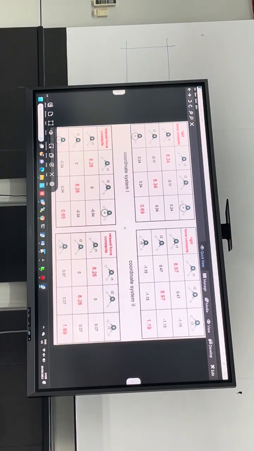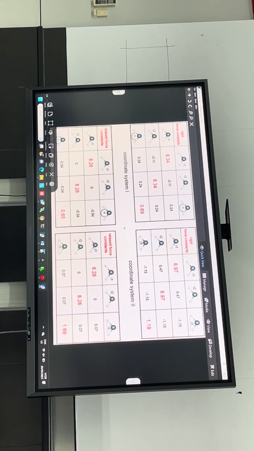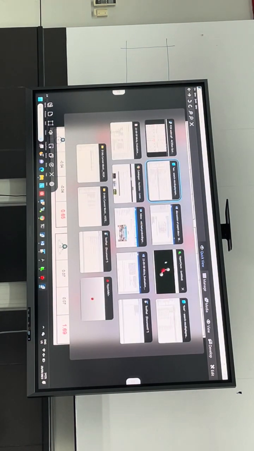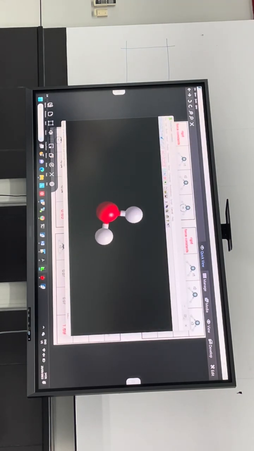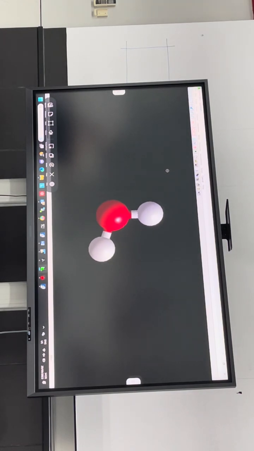If I open again my HyperCam program, do I have it somewhere? Here I have it. I have just created a water molecule before, and I will repeat this so that you see how I did it. So I delete my water molecule.